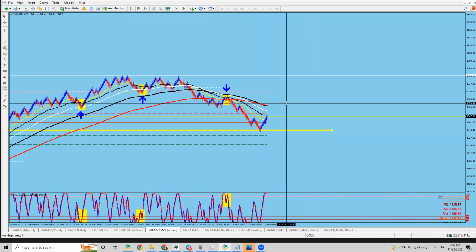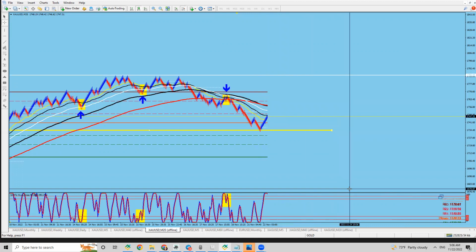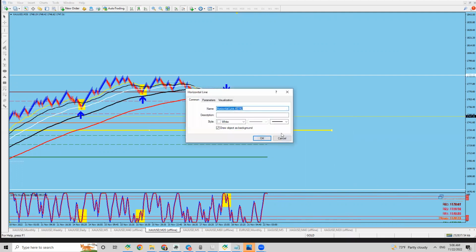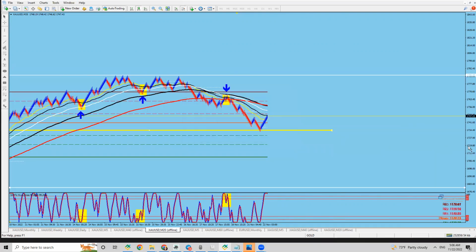So it may go up a little bit and then break down here and then come all the way here. Once that's done, let me just draw the 1680. 1680, for example, right? So that would be the target to the downside for wave 2.